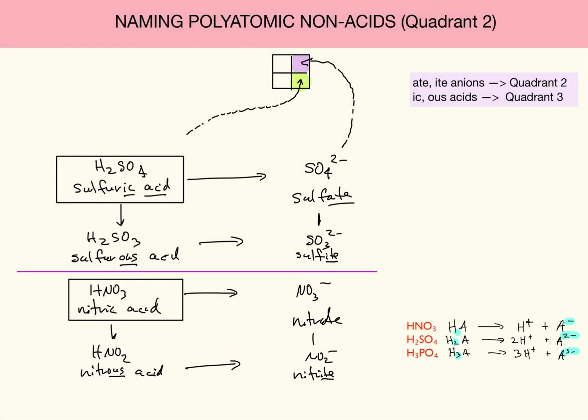Examples of those include nitric acid, sulfuric acid has 2, and phosphoric acid has 3 protons. Now, why the charge on the anion is important, of course, is because that's the charge which must be neutralized by some positive piece to make a charge-neutral molecule.